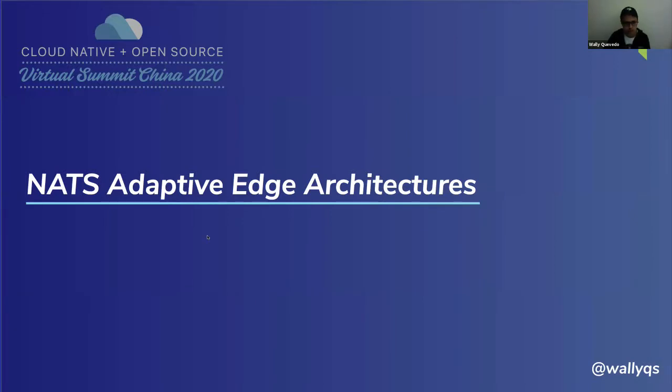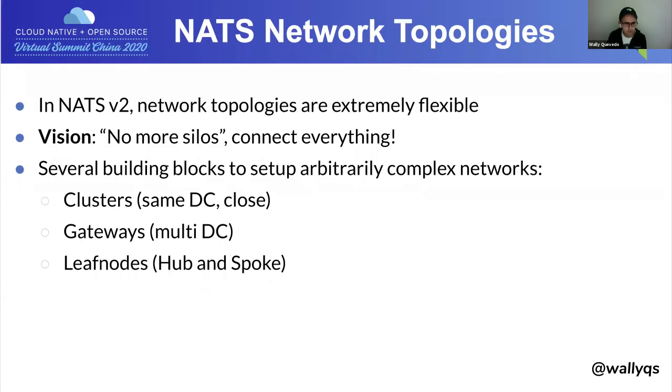And another thing that made it into NATS v2 is that it became more flexible about the architecture that you can build. So one of the visions from NATS version 2 is to make it more flexible to expand beyond a single data center.